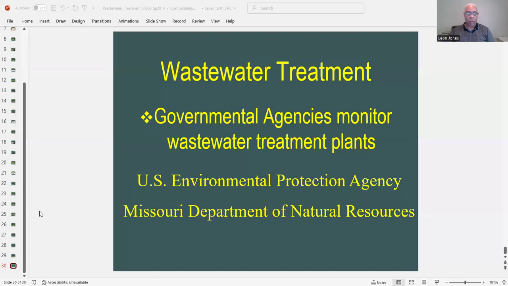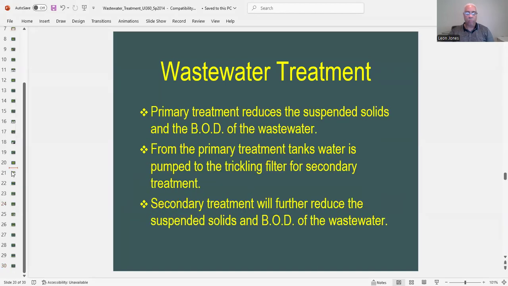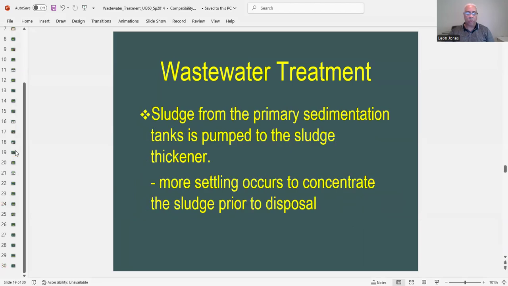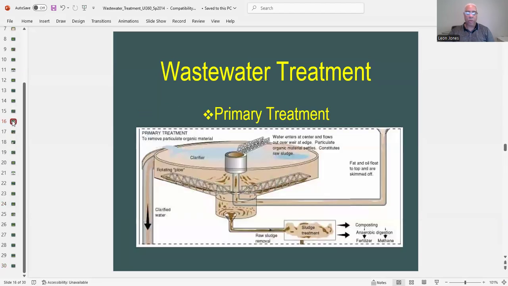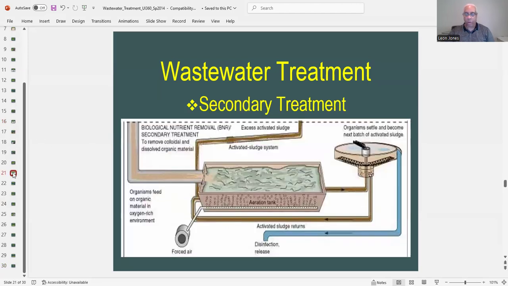So again, going back, knowing where you are, go back to some of these charts here. It's very important that you understand you have your primary treatment and your secondary treatment. And if you follow the flow, you understand.